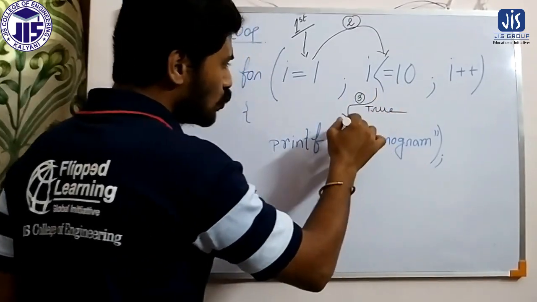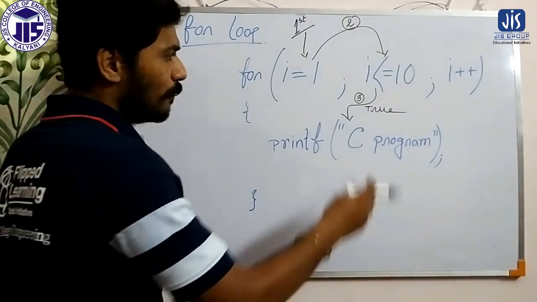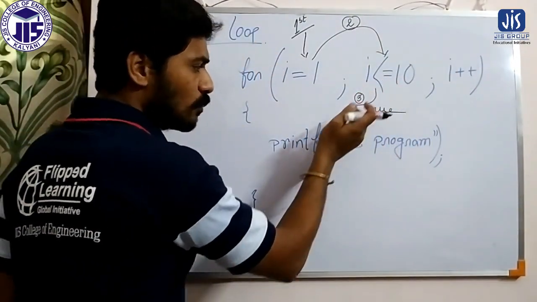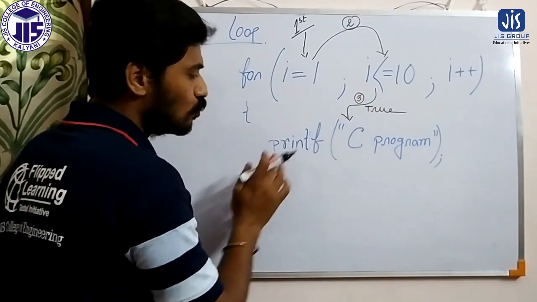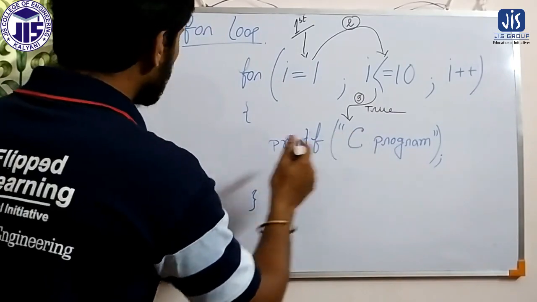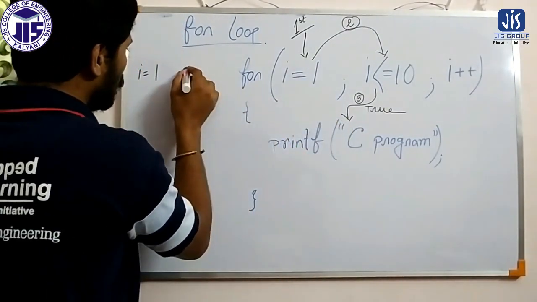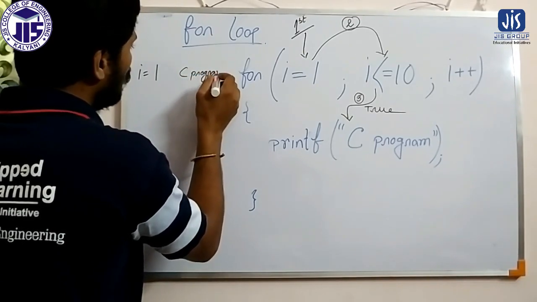If the condition is true, then it will iterate the body of the loop. So after the condition it is not going to the increment operation. After the condition it will come to the inside of the loop if the condition is true. And after execution, C program will be printed, because the printf statement will get executed. So in the output we will get C program.